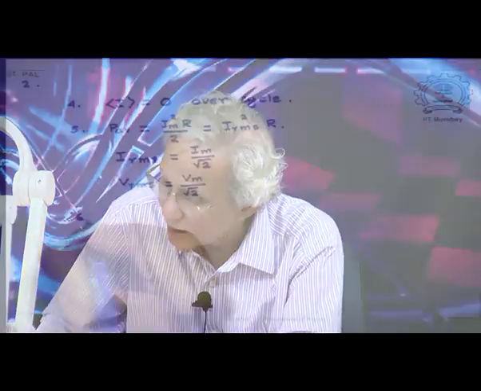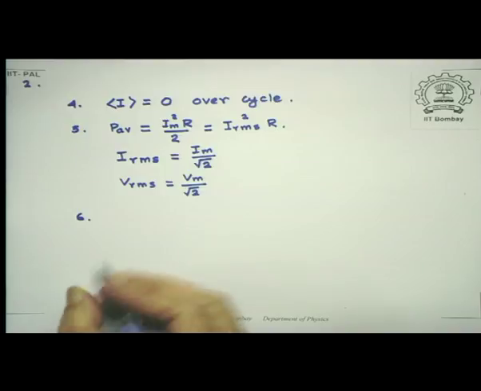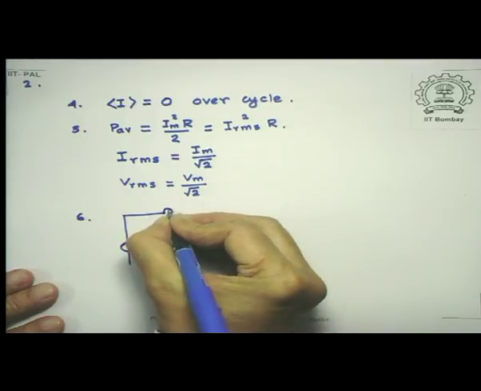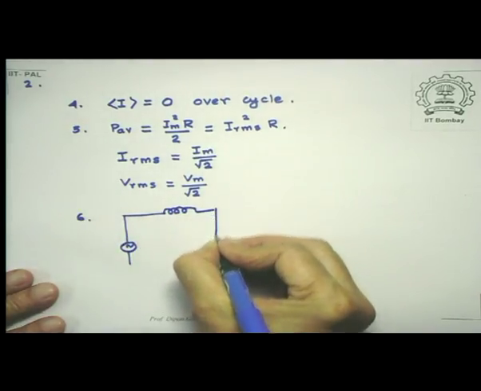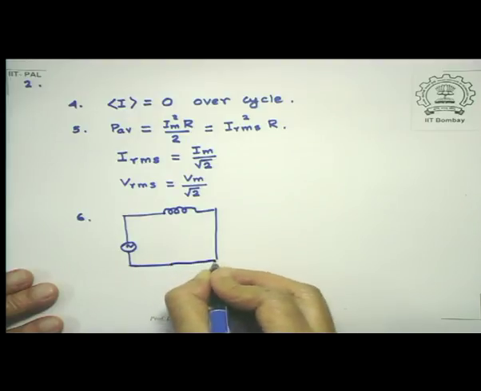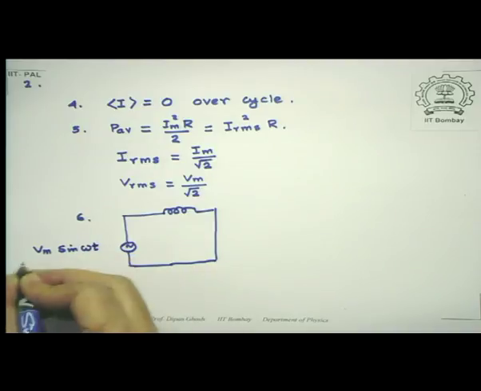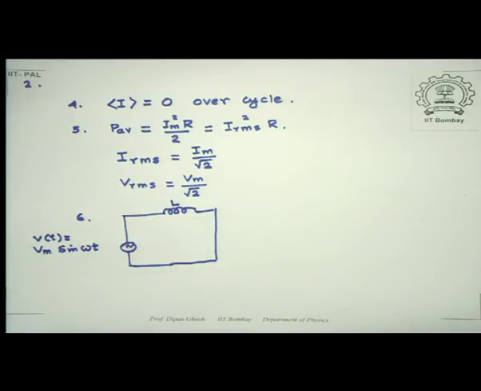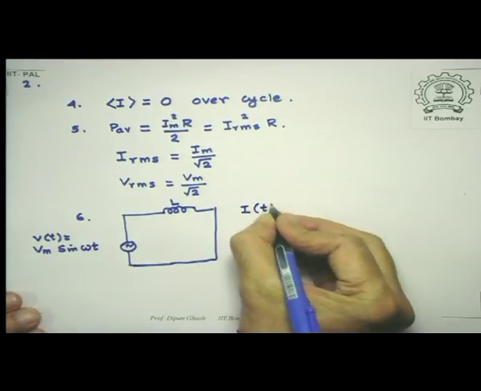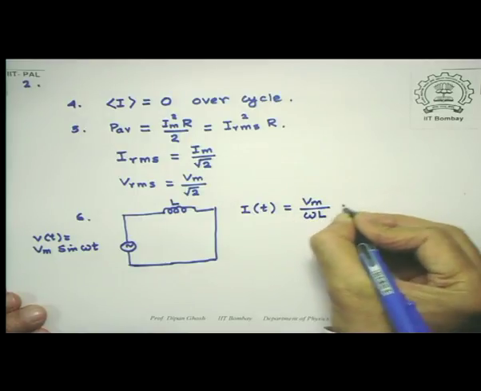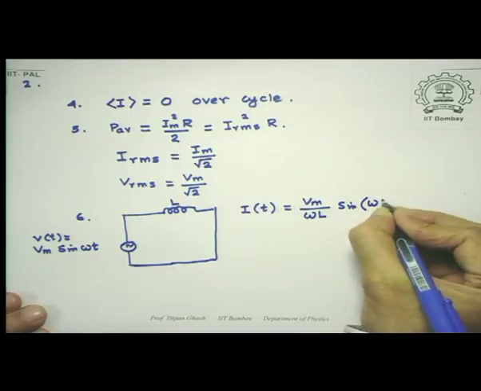Having done that, we considered a circuit consisting of an inductor, and so this was my circuit. Once again, I have an alternating source, so my Vm sin omega t is the V of t, and this is L. What we found in this case is that the expression for the current is given by Vm divided by omega L times sine of omega t minus pi by 2.